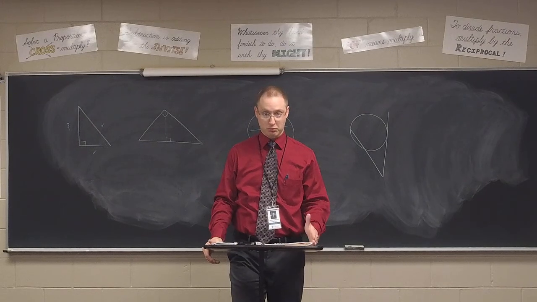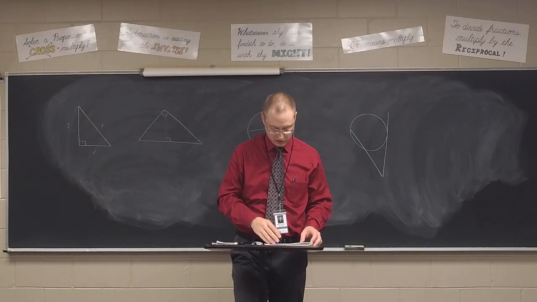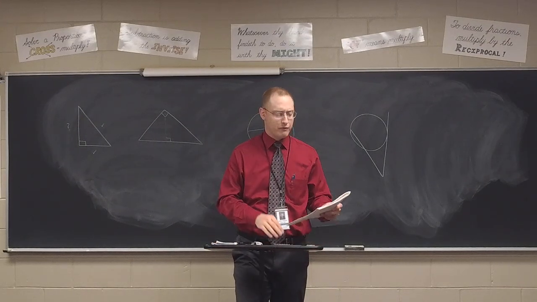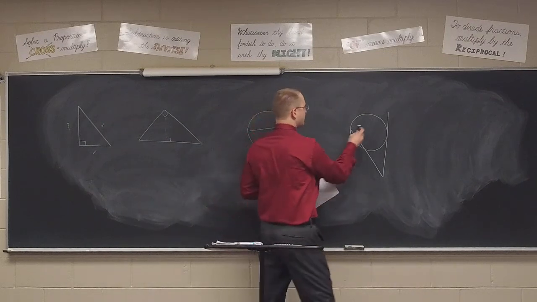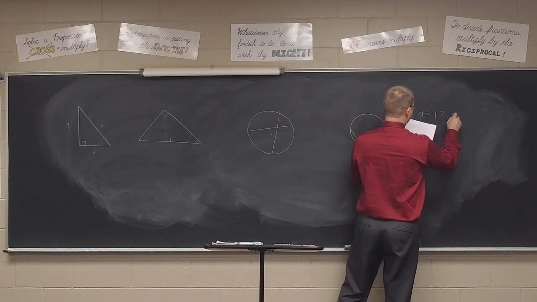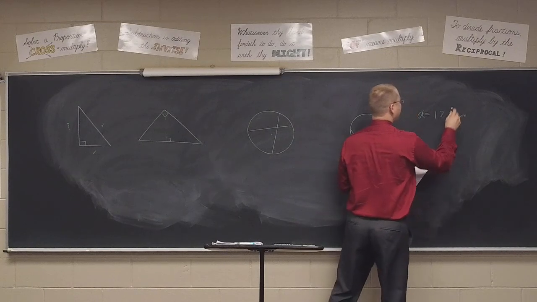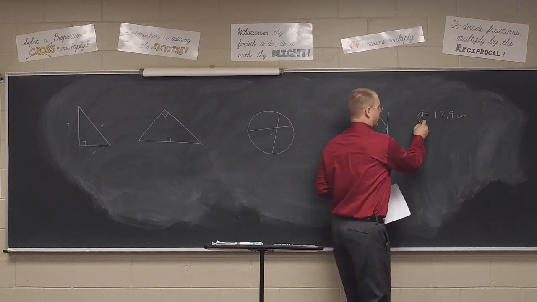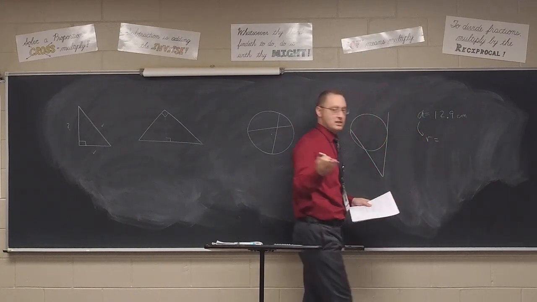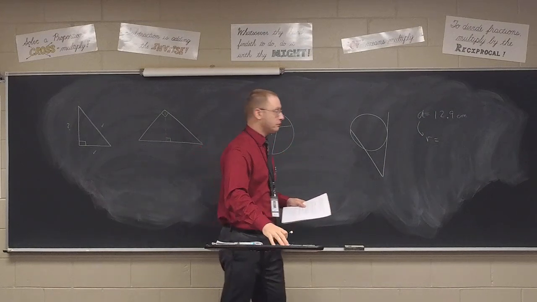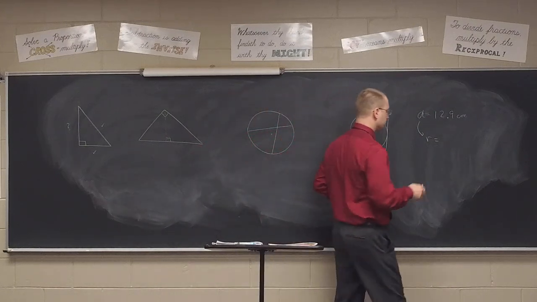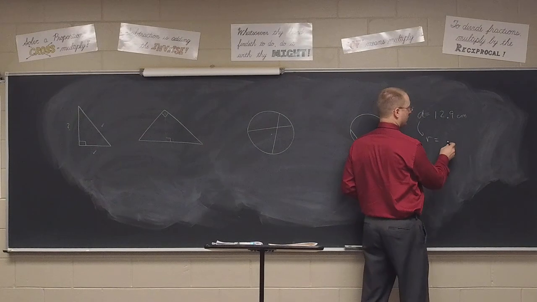You divide by 2. So, for instance, Chris, let's do the second one on the bottom row. We were given a diameter of 12.9 centimeters. Well, that's a diameter. If I want to get a radius, we know a radius is half, so divide by 2 on your calculator. What do you get? 6.45.